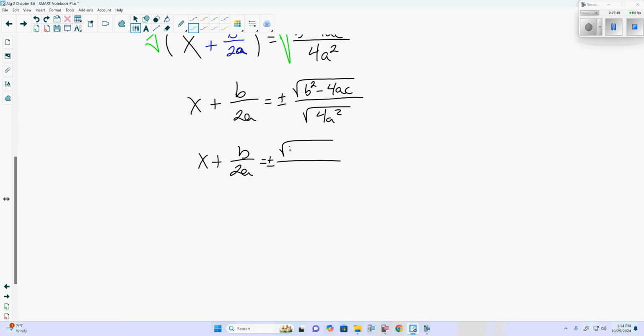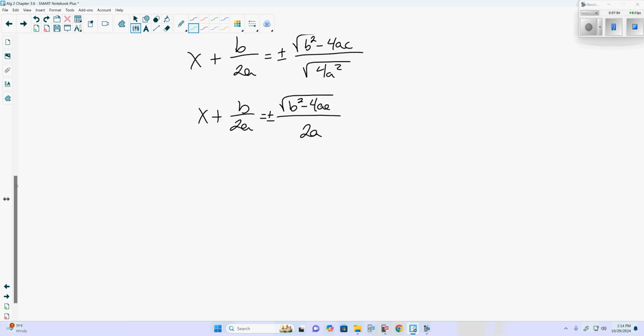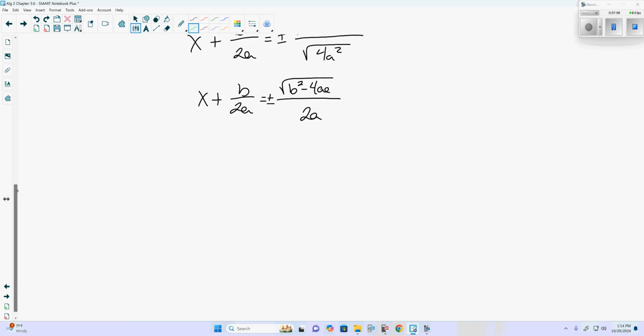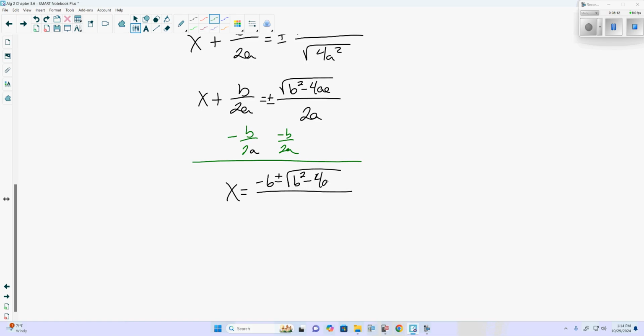We cannot take the square root of the top, but we can take the square root of our 4a squared, which gives us 2a. And lastly, to solve for this here, we would subtract b over 2a from both sides, really telling us that x is equal to negative b plus or minus the square root of b squared minus 4ac all over 2a.